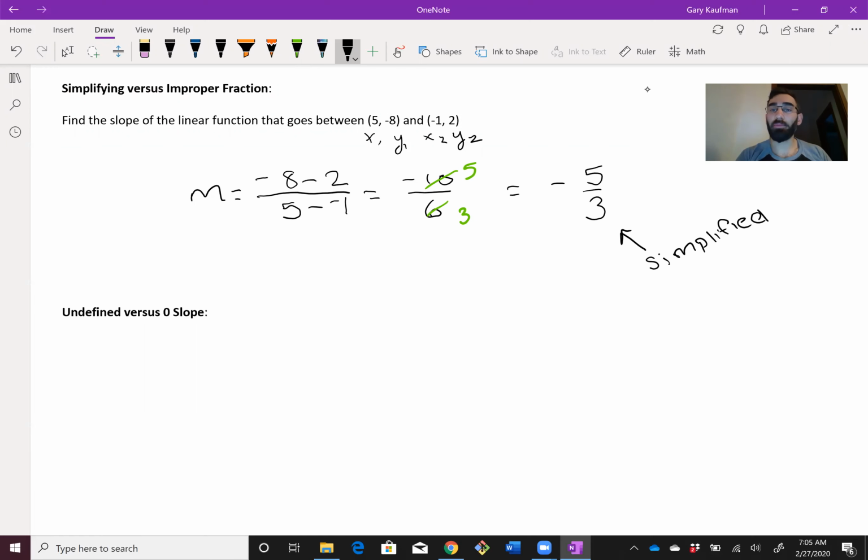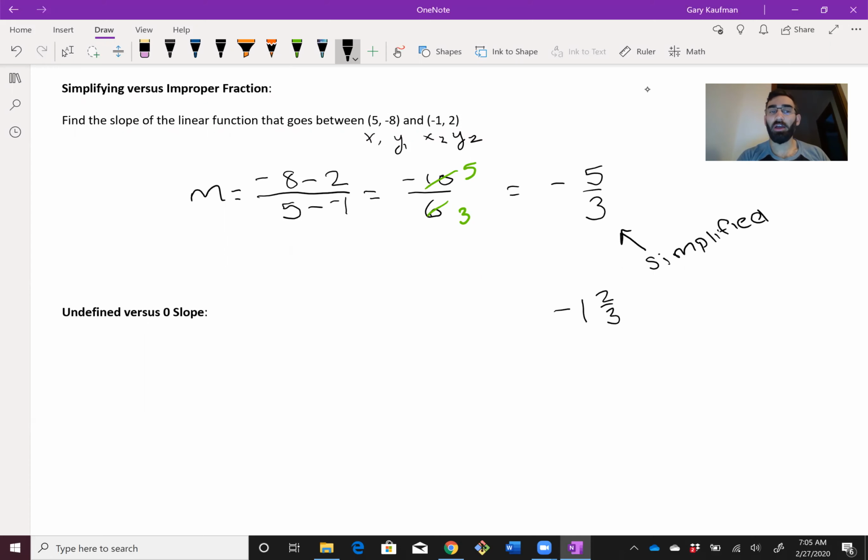Writing as an improper fraction, as this also is, we don't have to go to this, which, yes, they're the same thing, but this is a mixed number. This doesn't mean simplified. Simplified means no more common factors in the numerator and denominator. If you have any questions about that, don't hesitate to reach out.